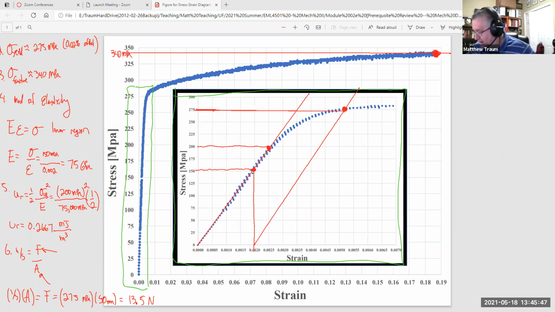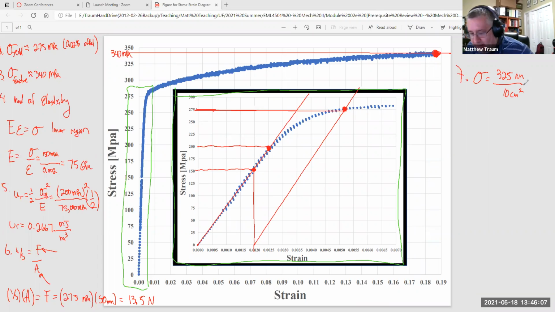For number 7, I'm going to first calculate the stress on the sample given the information provided. So it's 325 kilonewtons divided by 10 square centimeters.